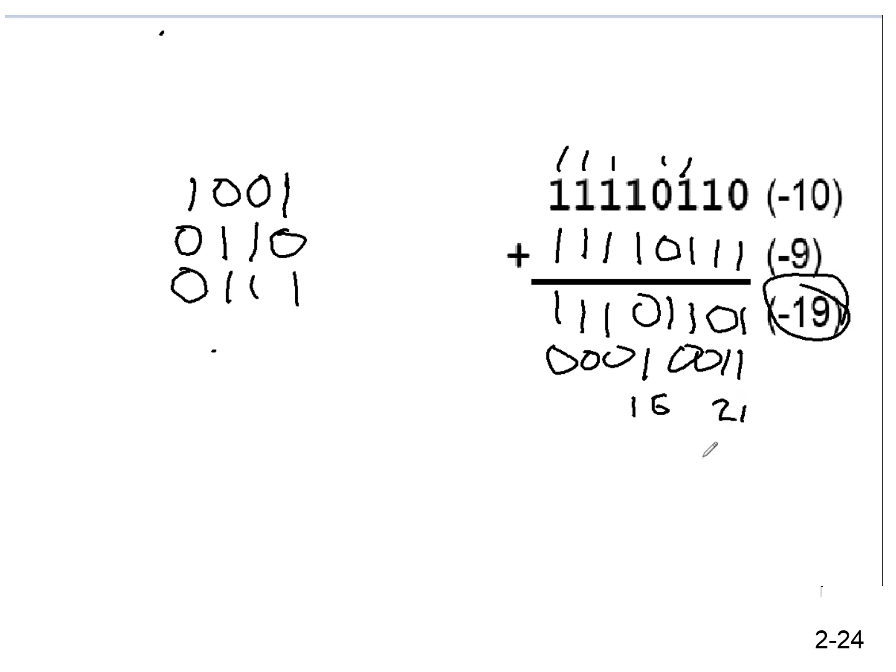Negative. Got that? Wish my handwriting were a little better, but I'm using one of these digital tablets and it's not as easy as writing on the board, but hopefully you get the idea and hopefully I'll get better at this.